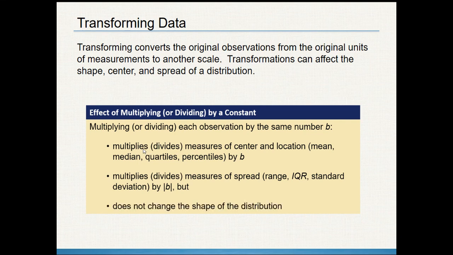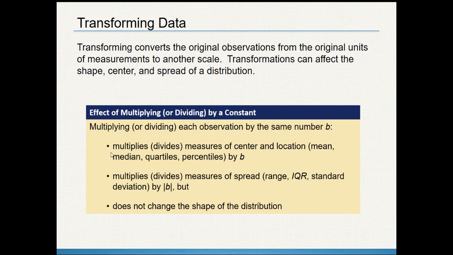But it still does not change the shape of the distribution. The shape will still be the same. All you're doing is changing basically the scale of your measurements, the scale of your graph or whatever it is. The shape is still going to look the same.